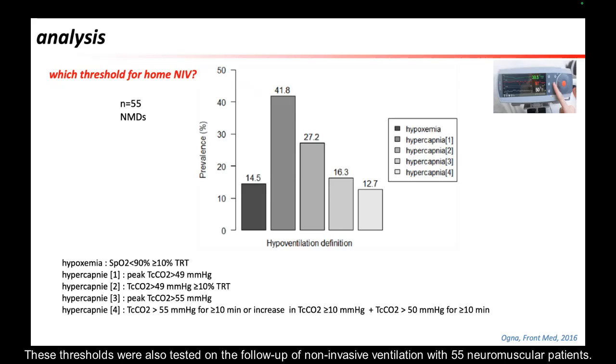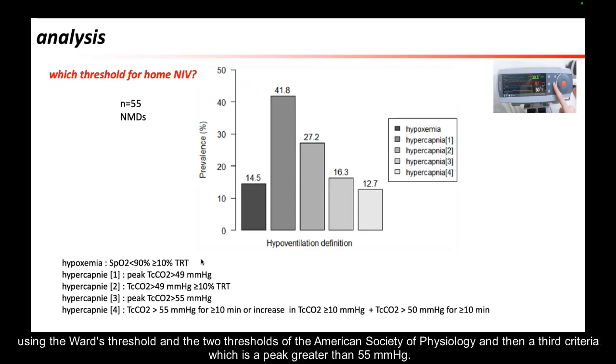These thresholds were also tested on the follow-up of non-invasive ventilation with 55 neuromuscular patients. Using the Ward's threshold and the 2 thresholds of the American Sleep Society, and then a third criterion, which is a peak greater than 55 mm of mercury.